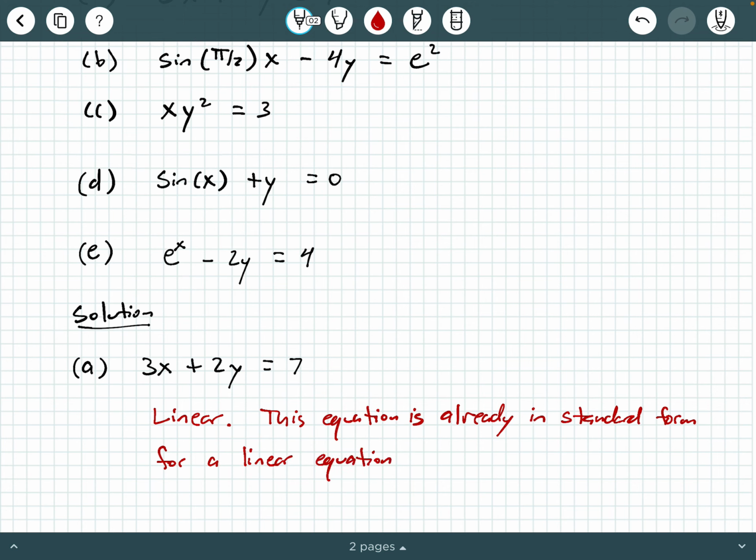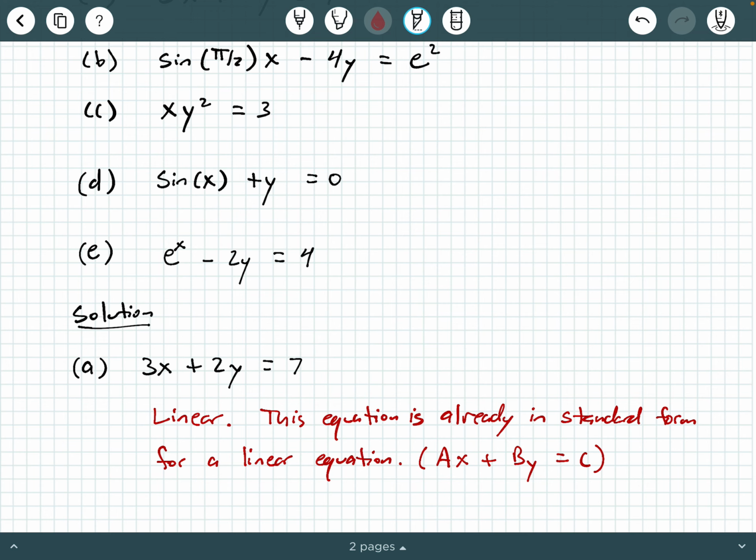Remember, what is standard form of a linear equation? A linear equation has a standard form of ax plus by equals c, where x is the independent variable, y is the dependent variable, and a, b, and c are constants. And so we already have it in that form. The constant a would be 3, the constant b would be 2, and the constant c would be 7. So you can look at it and say, well, it's already in standard form for a linear equation, thus it's linear.